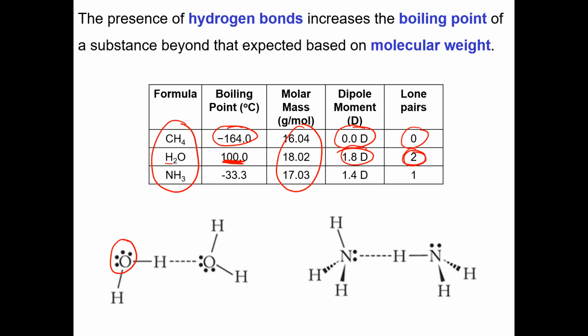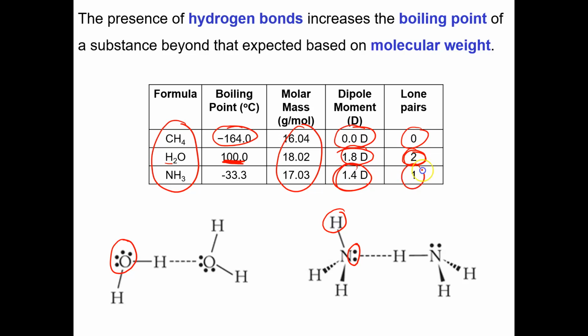When we go to ammonia, we see that it does have a lone pair on nitrogen, and it also has a hydrogen on nitrogen, so it meets all of the requirements for hydrogen bonding. It's not quite as polar as water, so the partial charges on the hydrogen and nitrogen atom are not going to be quite as strong, so we would expect weaker hydrogen bonding.